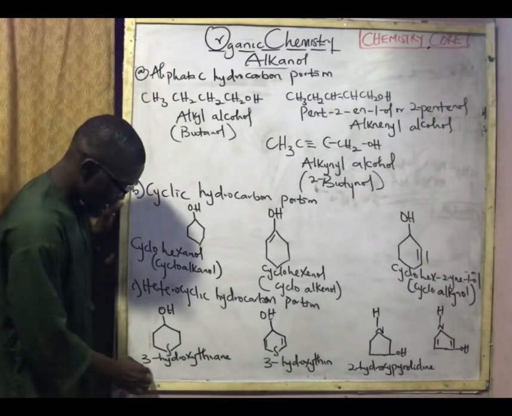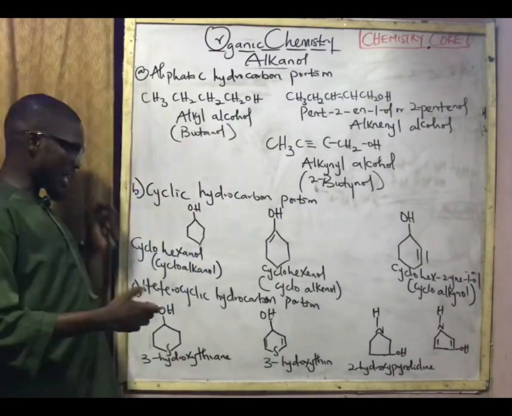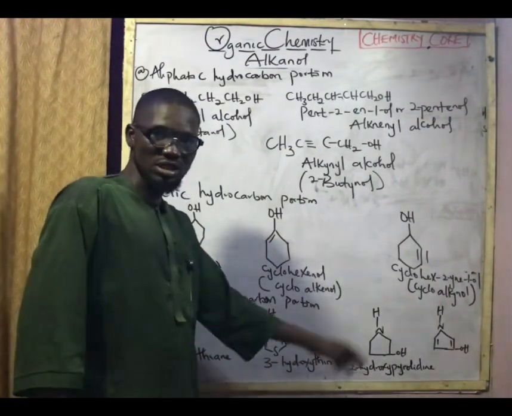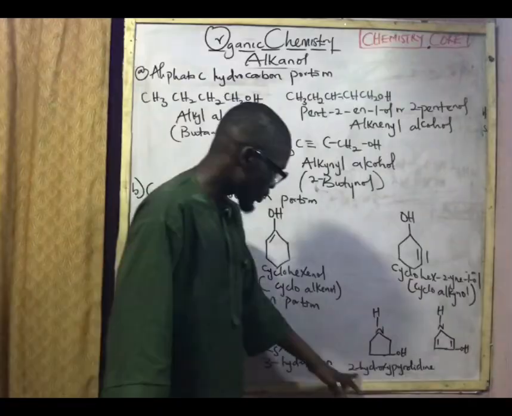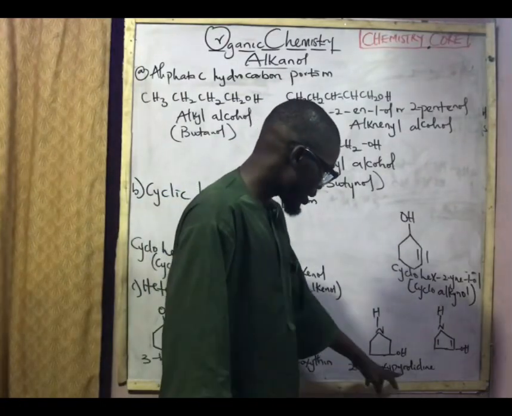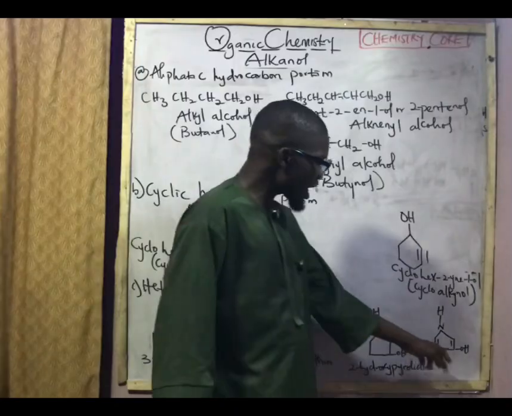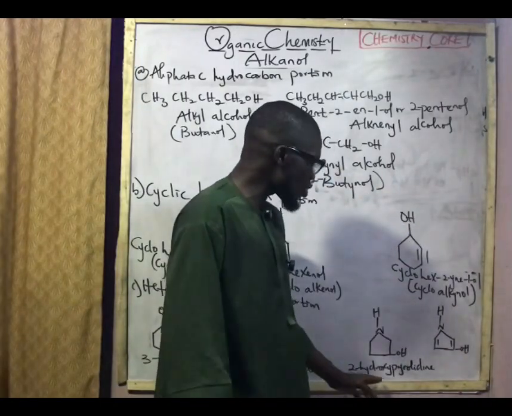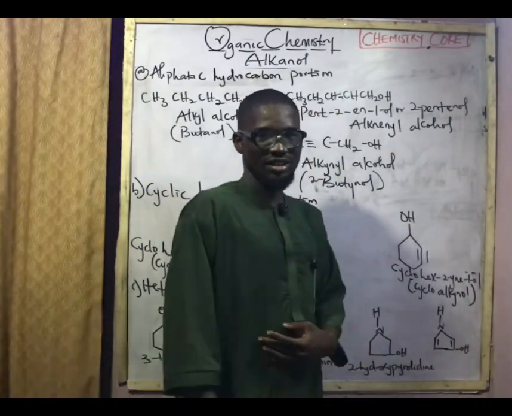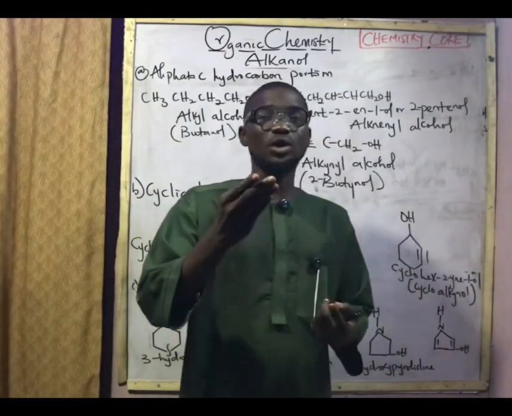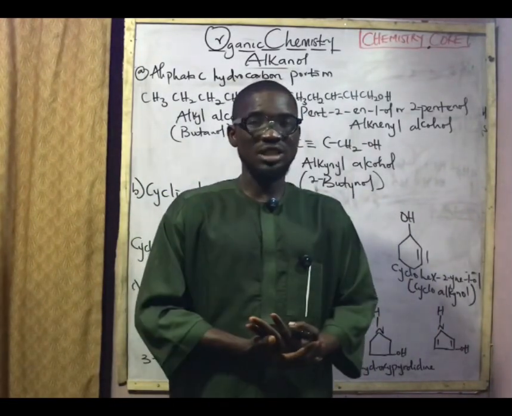So guys, 3-hydroxy and second one 3-hydroxy because we have a double bond, and here we have 2-hydroxy pyrrolidine, and this last one is the same thing as this, but here we have a double bond, so it's called 2-hydroxy pyrrole.